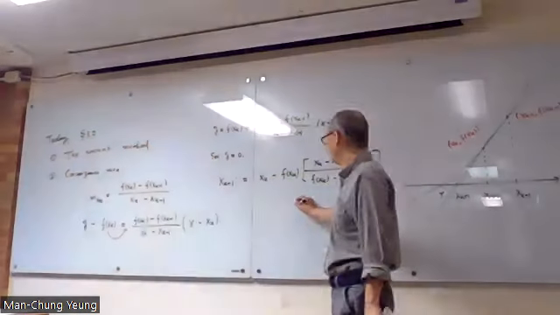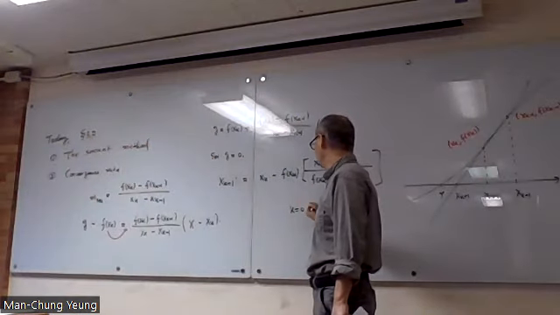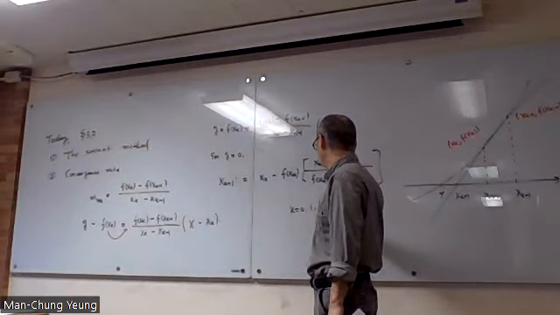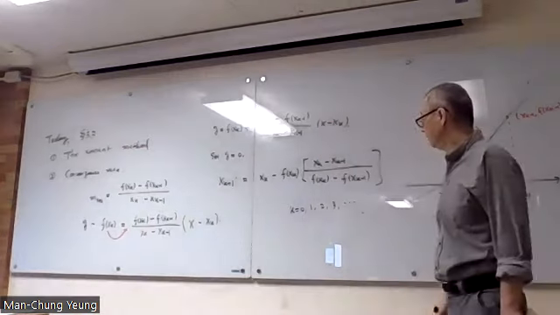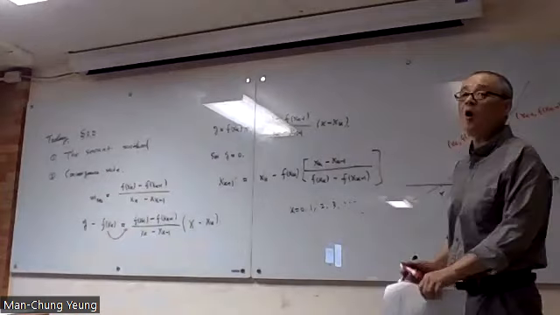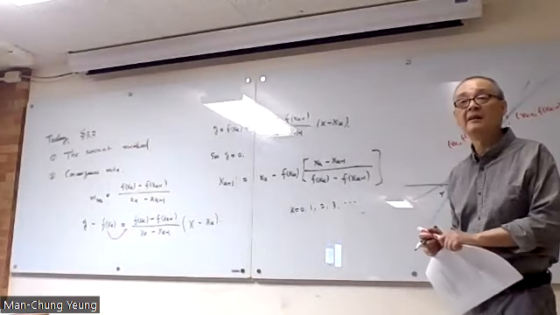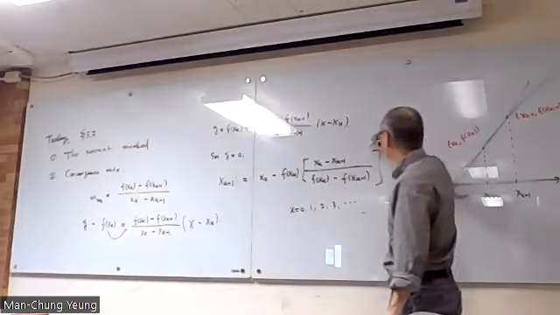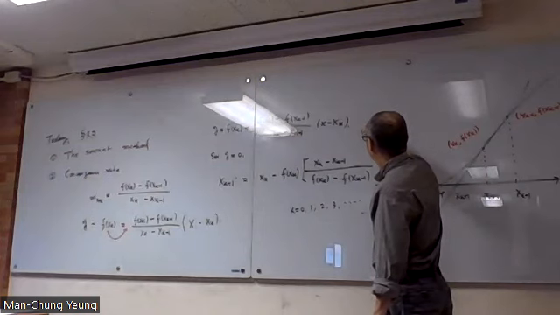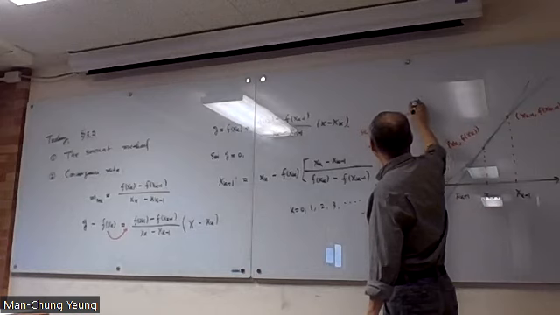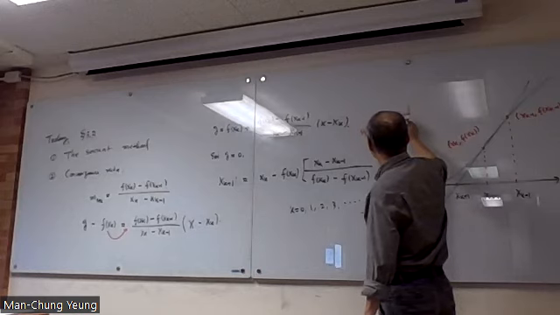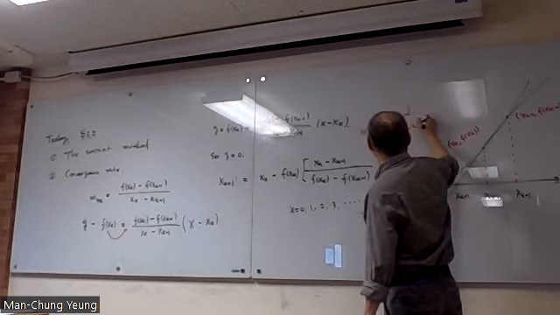So what is k? k is 0, 1, 2, 3, and so on. This equation is called the secant method, or secant iteration.